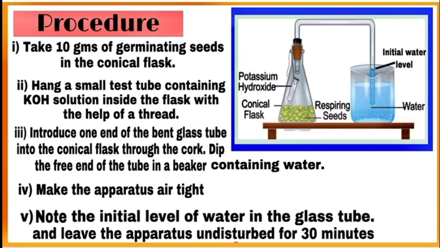Next, introduce one end of the bent glass tube into the conical flask through the cork and dip the free end of the tube in a beaker containing water. Now your apparatus is set. Make the apparatus airtight. Note the initial level of water in the glass tube and leave the apparatus undisturbed for 30 minutes.